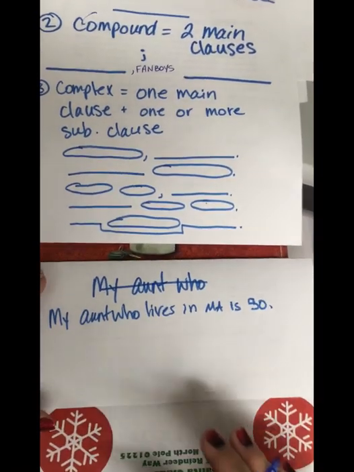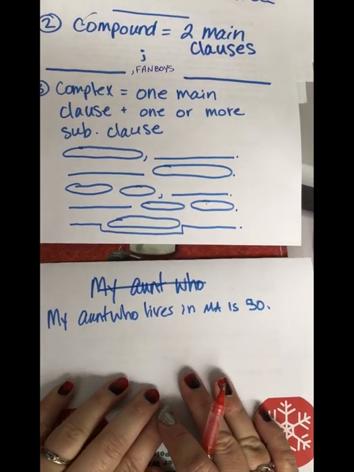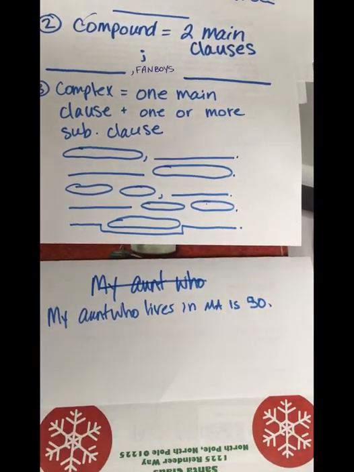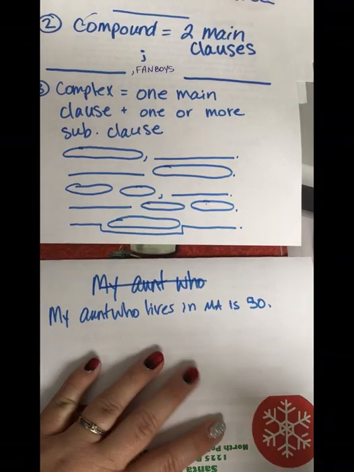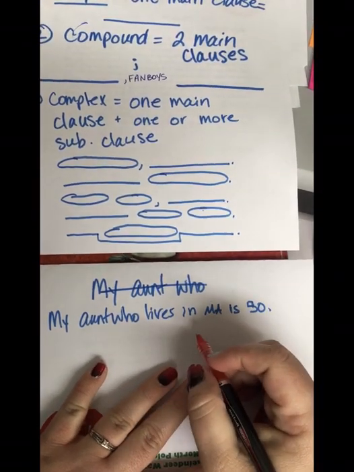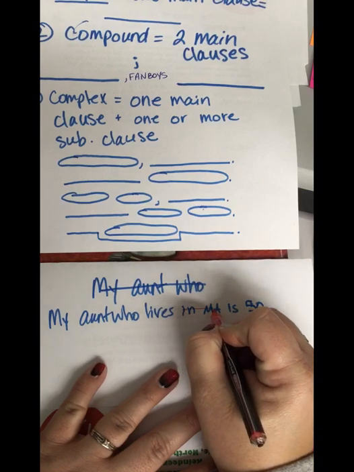Okay, my aunt who lives in Massachusetts is 50. Sorry. Yeah. Judge my bad handwriting. So if I'm having you go through the directions, it becomes even more important to follow the directions when we get to these sentences. So, prepositions: in Massachusetts.